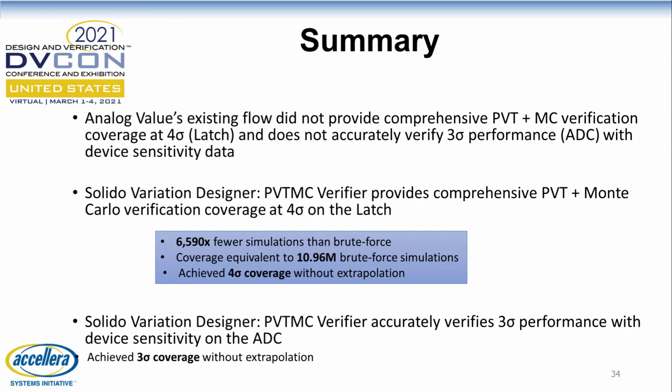With the PVTMC Verifier and the Symphony unified flow, we were able to perform variation-aware mixed-signal verification with orders of magnitude fewer simulations than required for the same level of accuracy by brute force simulation. And we achieved fourth sigma coverage without extrapolation.